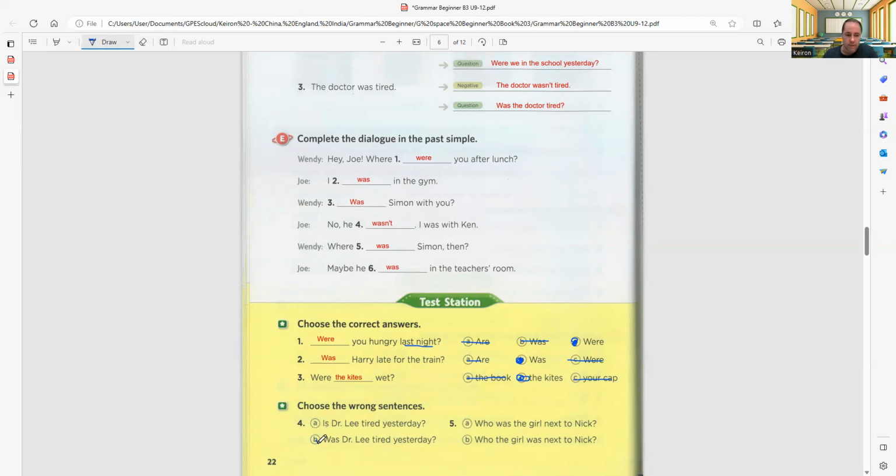So this one is correct, and this one is wrong for past simple. Who was the girl next to Nick? Who the girl was next to Nick? Okay, this one is wrong because you need to have the WH word, and then you need the form of be before the subject, okay? So that one is correct. All right, that is wrong.